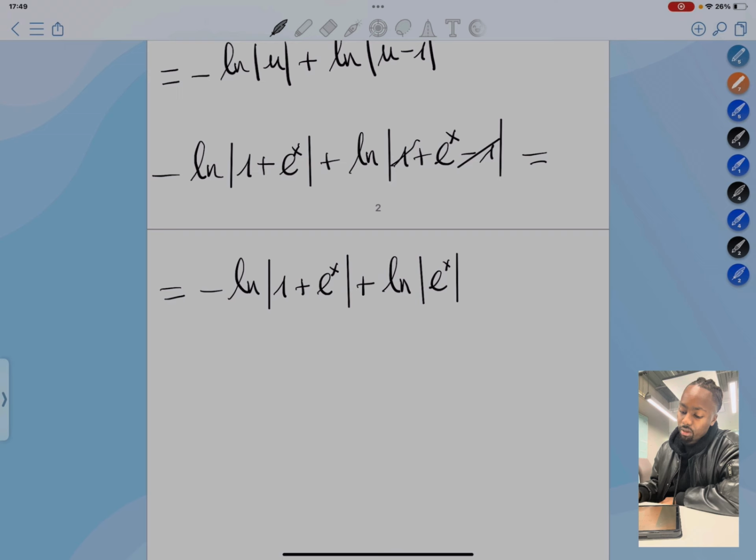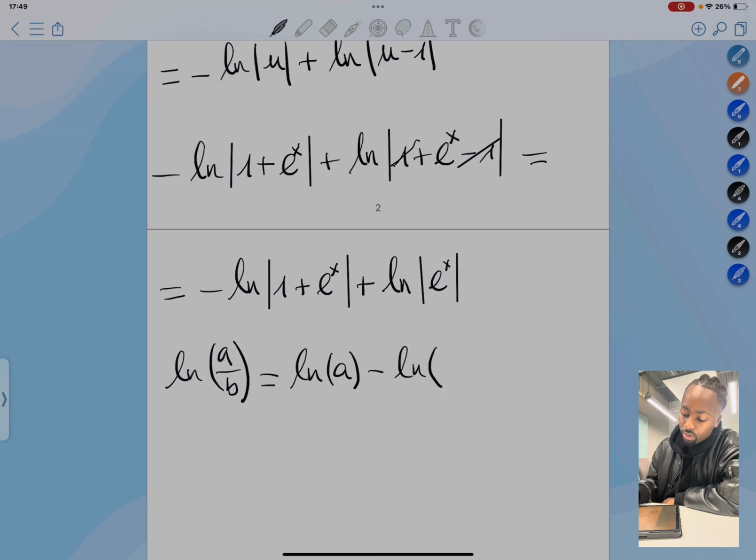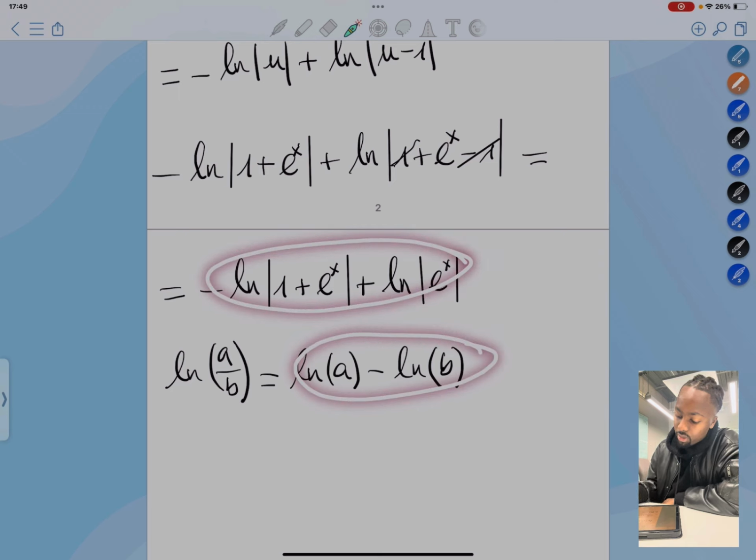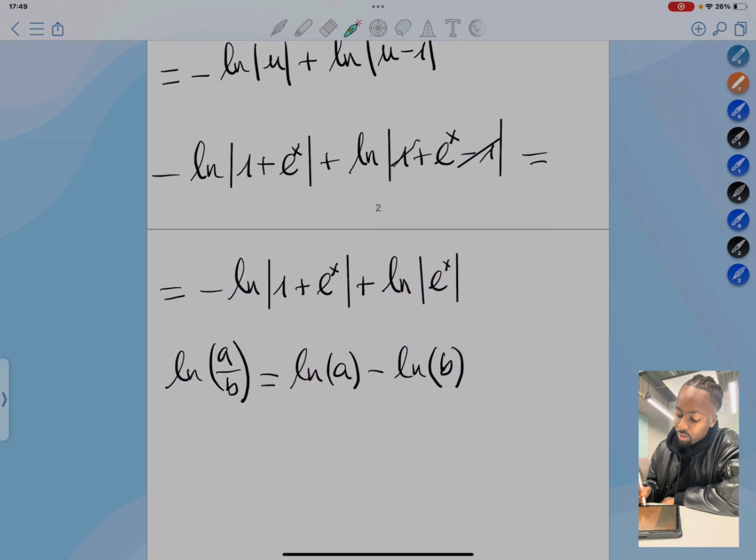Now what we can do here, we can use the properties of logarithms, because if you remember, the natural log of a over b gives us the natural log of a minus the natural log of b. So here we have something similar to this, so we can just write it down as a single natural log of the fraction.